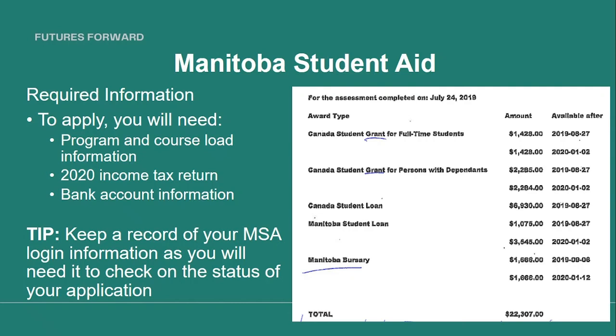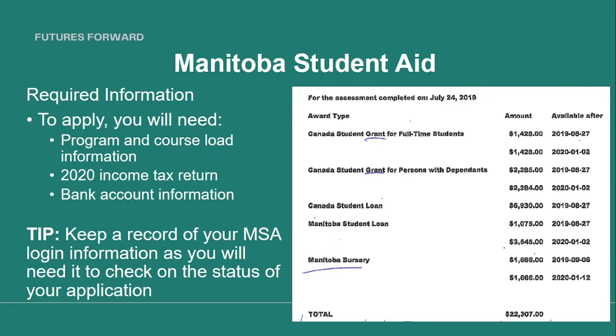A good tip is to keep a record of your Manitoba Student Aid login information, as you will need it to check on the status of your application. This is the area where you would look to see how much loan you need to owe back. Also, when you do start paying back your loan, you'd be able to see how much it is decreasing and how much you still have left.